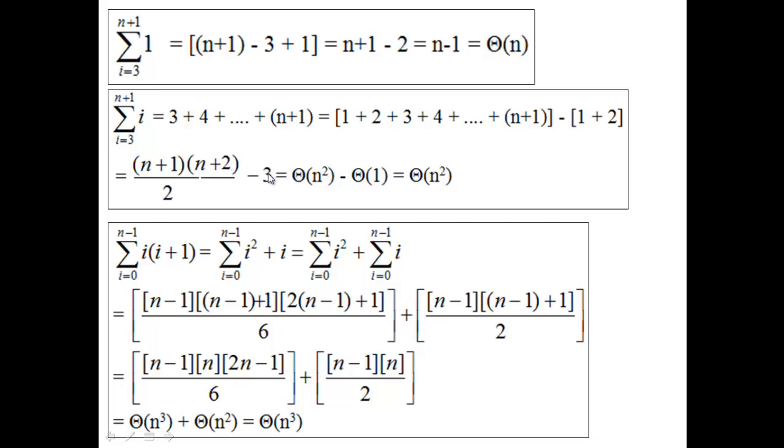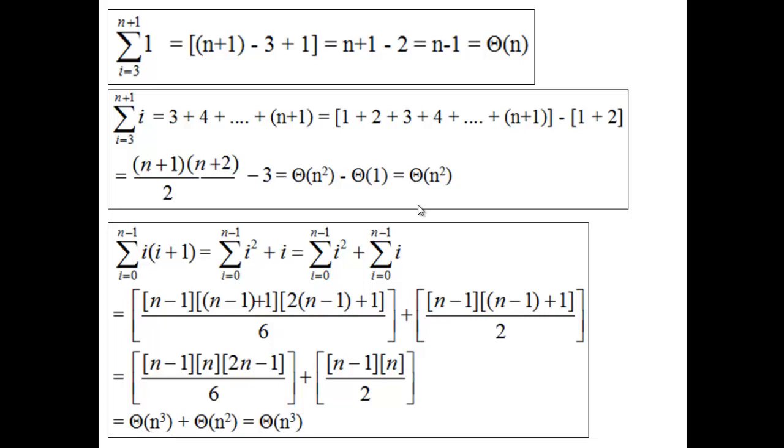There's no n involved here. So this can be written as theta of 1. So it's theta of n square minus theta of 1. And that's a lower order term, so we can discard it. So theta of n square minus theta of 1 is simply theta of n square. That's the most dominating term.